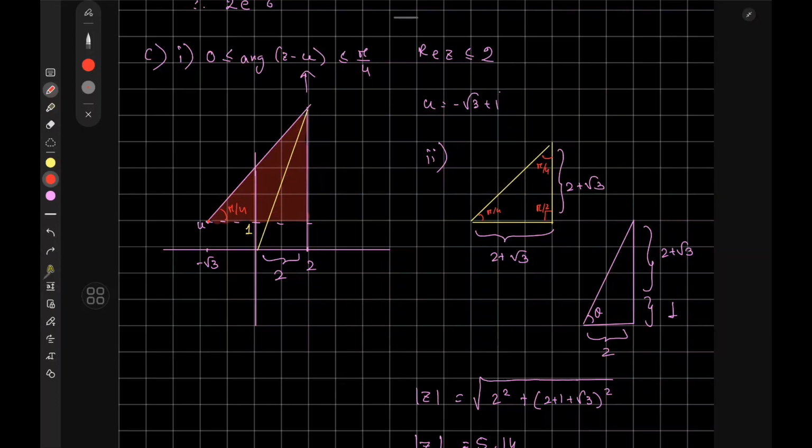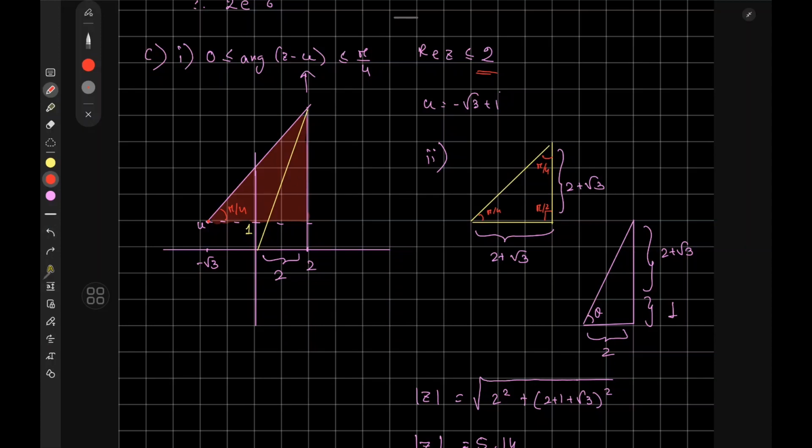So you have met two conditions: the theta made by u and z should always be between 0 and pi by 4, and the real part of the complex number z, which is x plus iy, should always be less than 2. So you draw a line over here and shade this triangle.